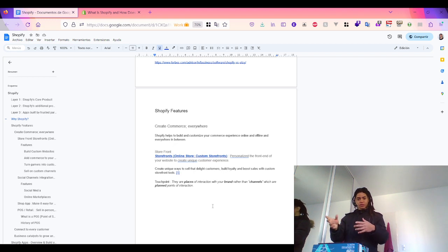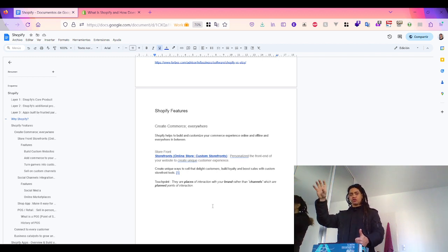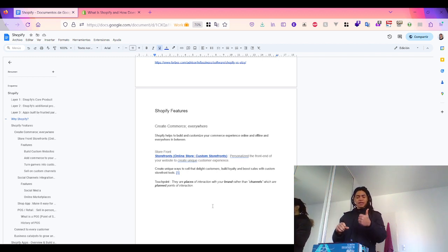Okay, so for example, it allows you to build custom storefronts, web custom storefronts. Again, this is one of the touch points, as well as integrating commerce into your mobile app, whether it's on iOS or Android. This is another touch point, the mobile.